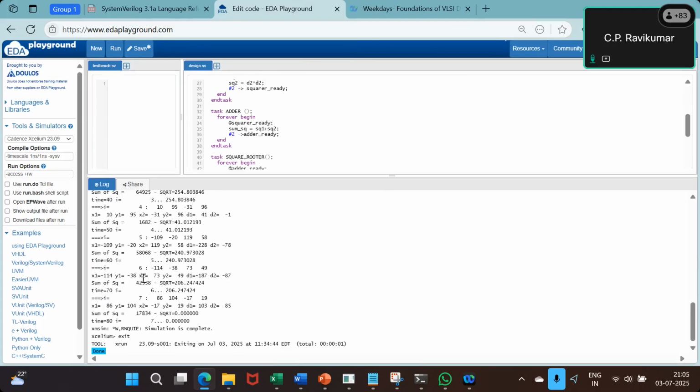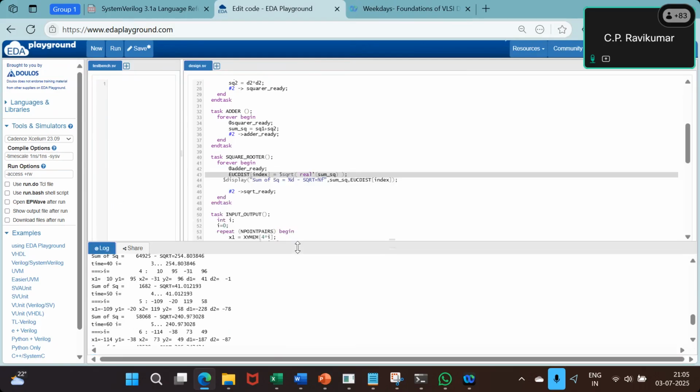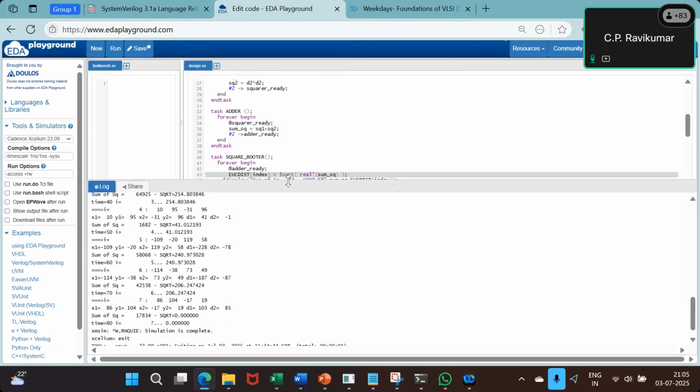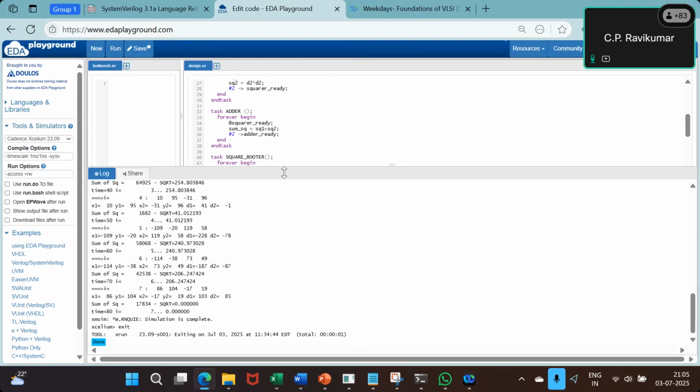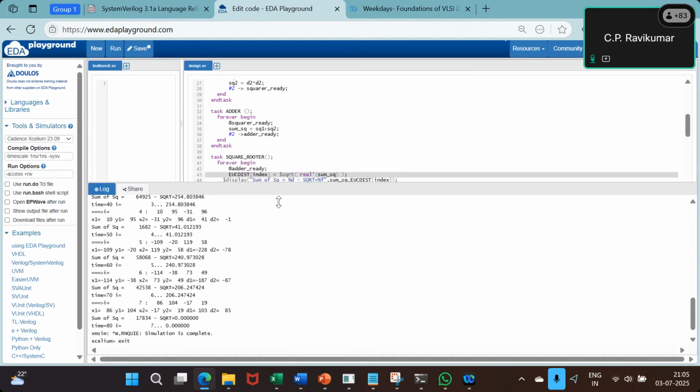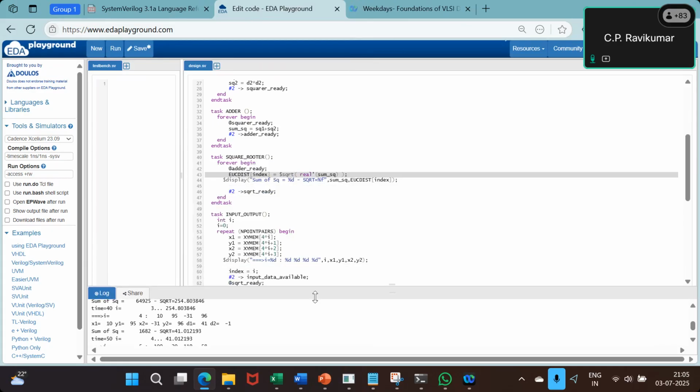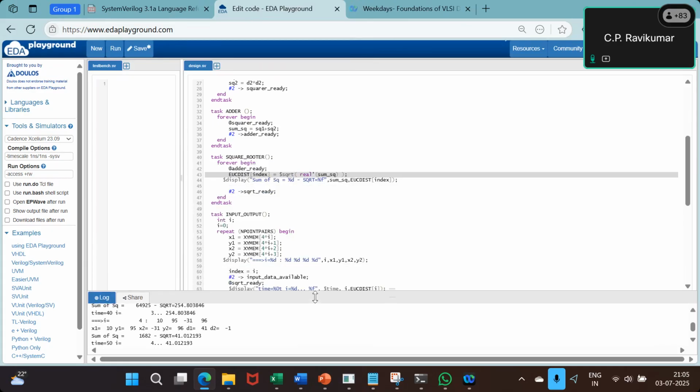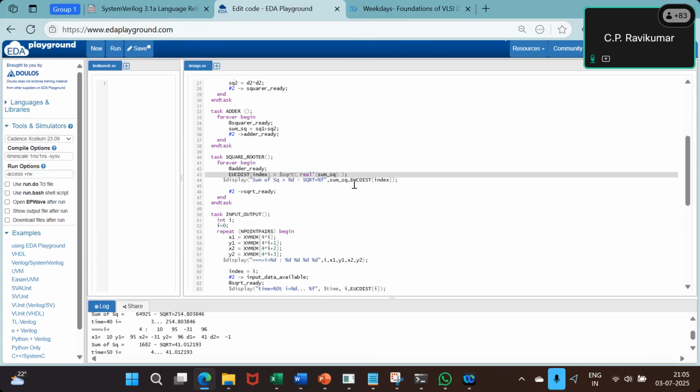See, when it can do sum of squares for such a big number, I don't think there will be any problem in doing this. For some reason, it is I is 6, I is 7. There's no problem in I as such. We are printing index here. Let me also print index here.